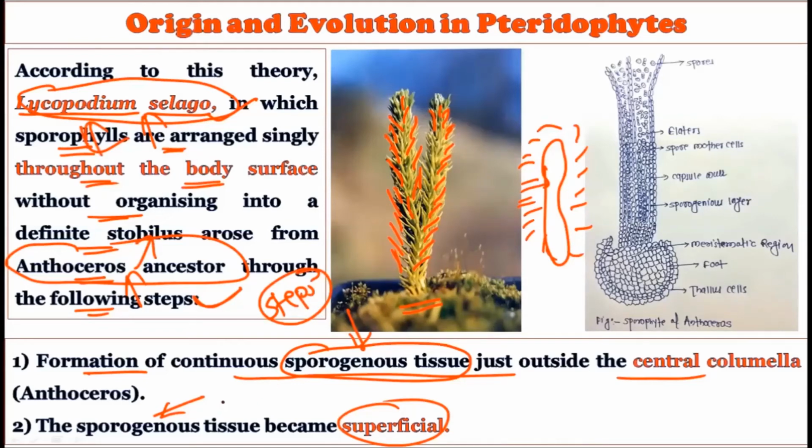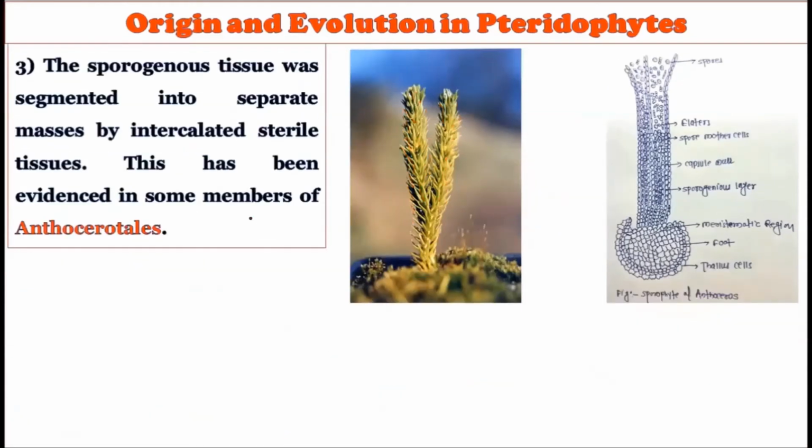See, in the first step, what may have happened? According to Bower, the sporogenous tissue was continuously formed outside of the central columella. After that, this sporogenous tissue, once formed outside the central columella, becomes superficial. And this sporogenous tissue was segmented into separate masses by intercalated sterile tissue.